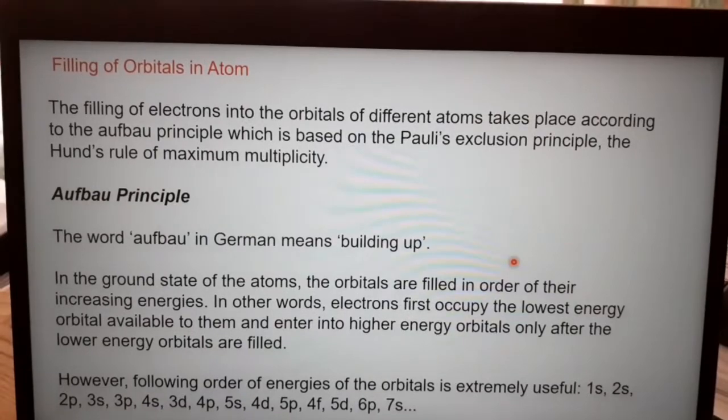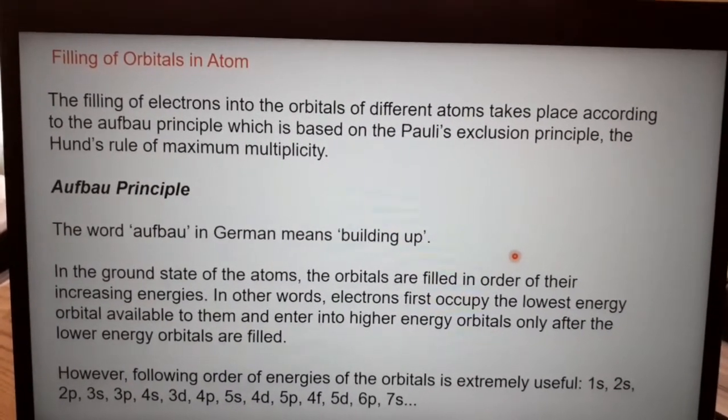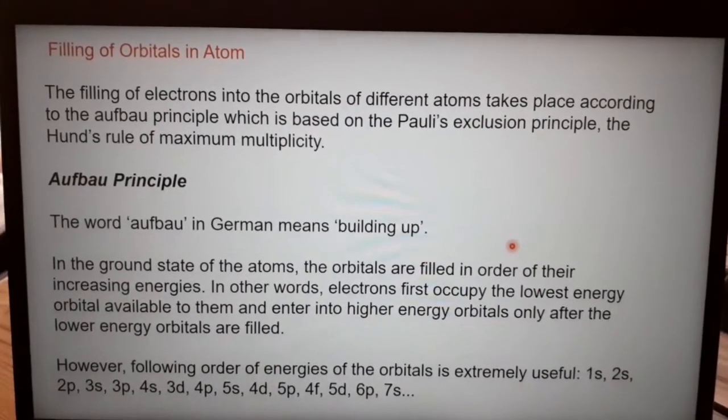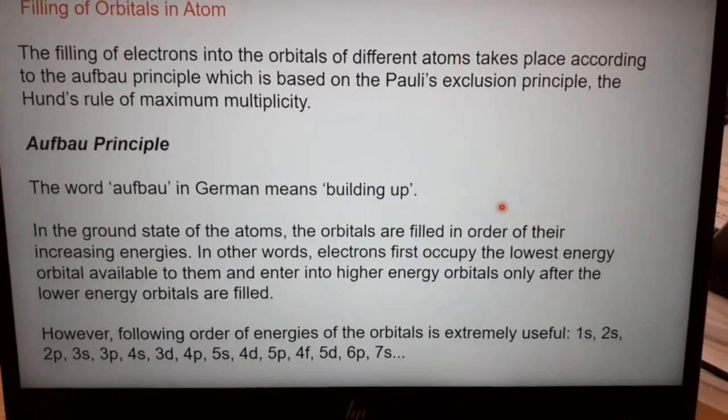So, filling of the orbitals in an atom. Electrons enter the orbitals of different atoms according to the Aufbau principle.